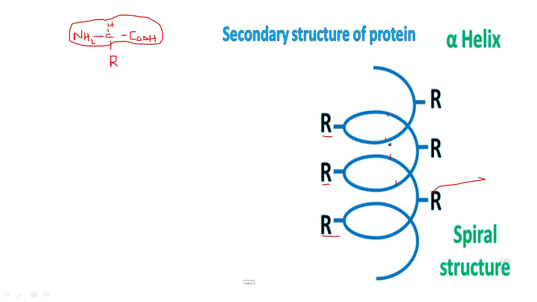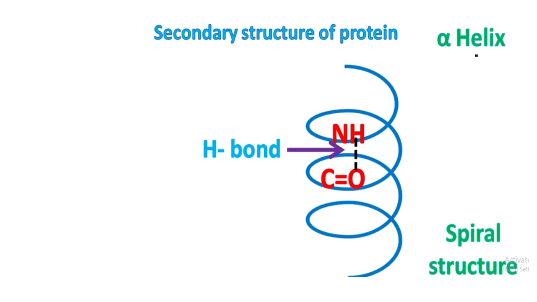That hydrogen bonding stabilizes the structure of the alpha helix, the spiral form of the secondary structure of proteins.